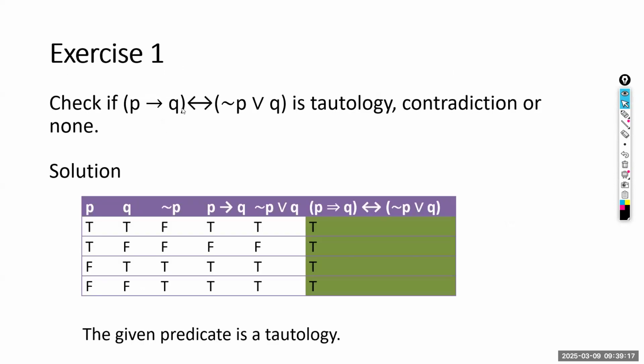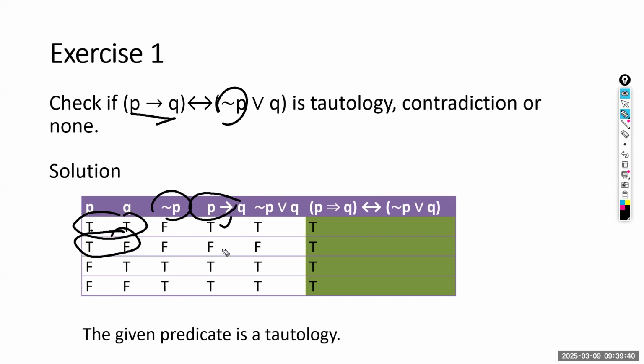And this is a little bit bigger statement, which is a tautology. Again, how do you double check? Gradually build the truth table. Build not P: true becomes false, true becomes false, false becomes true, false becomes true. Then build P implies Q: true, true, true.